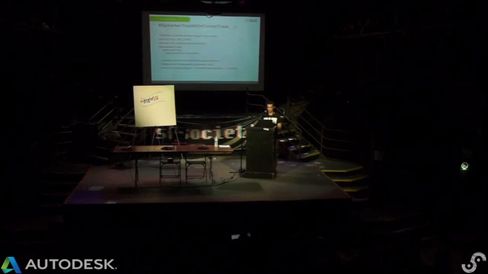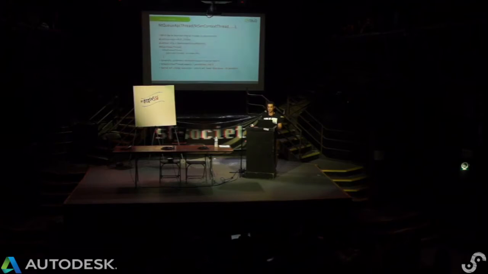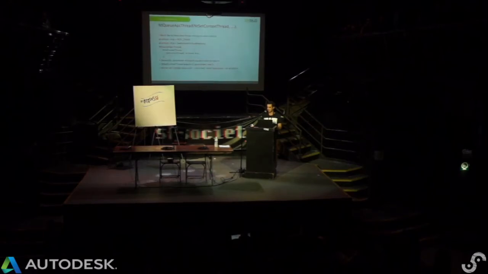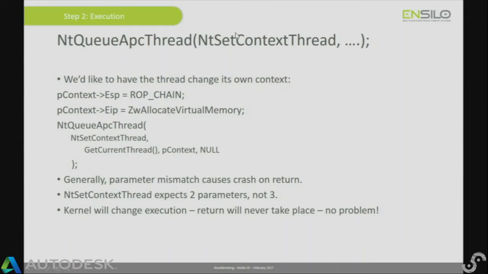So we'd like the thread to change its own context, and we can leverage QueueUserAPC again to have the thread call NtSetContextThread on itself by passing the handle to the current thread, and then the context structure that we wrote using our write-what-where from step 1.